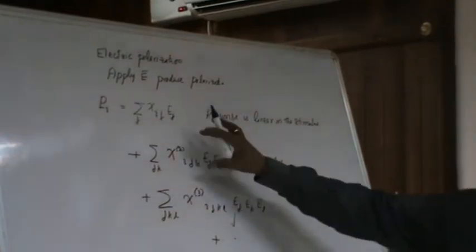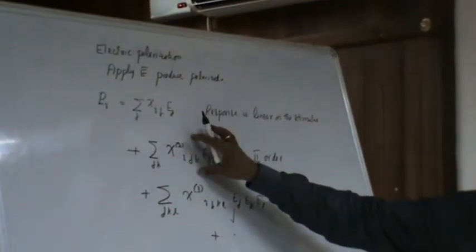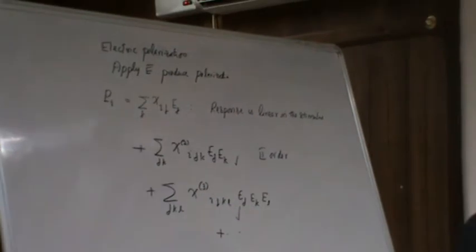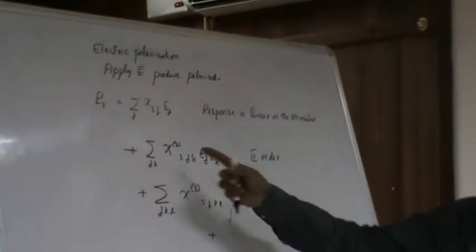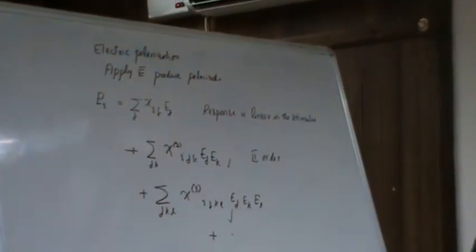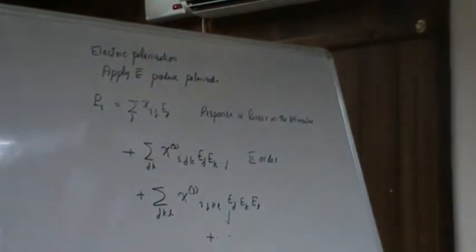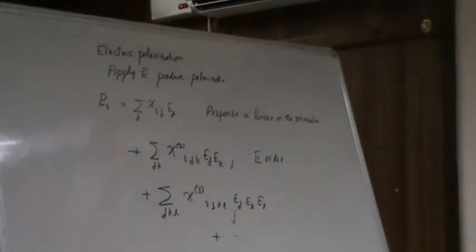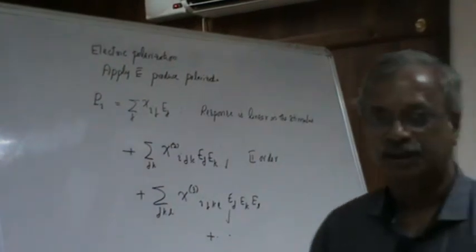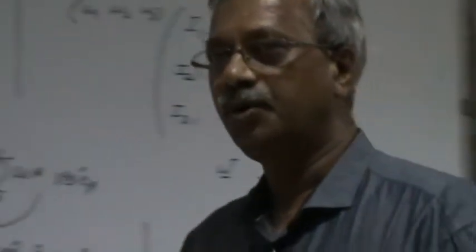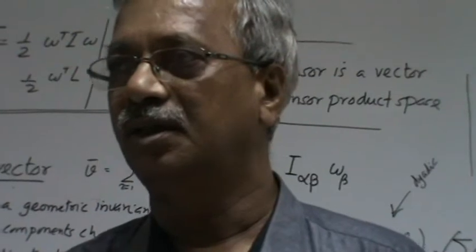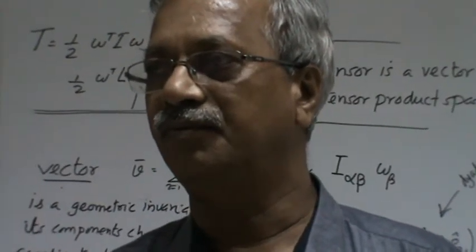In usual materials, these coefficients are very small. But there are materials in which either the second order or third order coefficients are substantially large and they are used for very many purposes. For example, let's say you want to have a way of producing photons of lower frequency than the photons that we have.